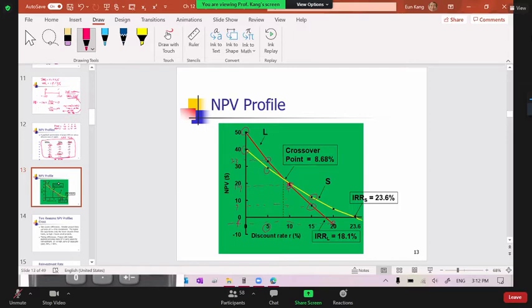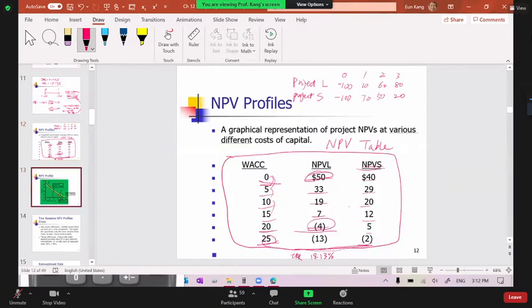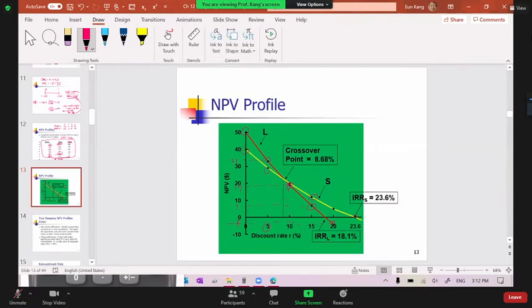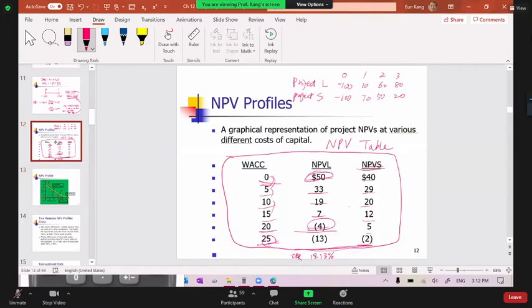And there is one more, at 25%, you have 2. So that is actually 25. And this one is actually 82, right? So make sure that when you set up the table, you see these negative numbers. You do it until you see the negative.